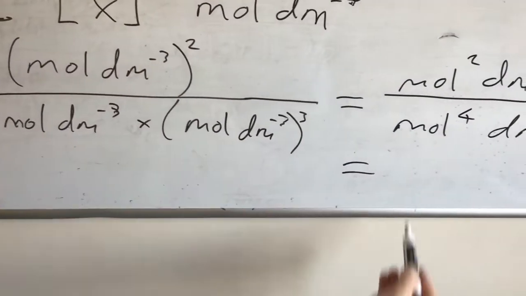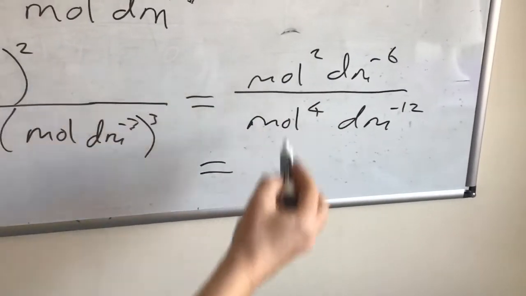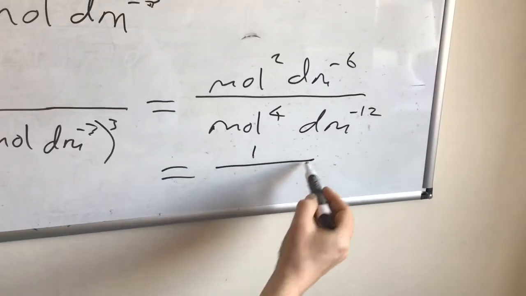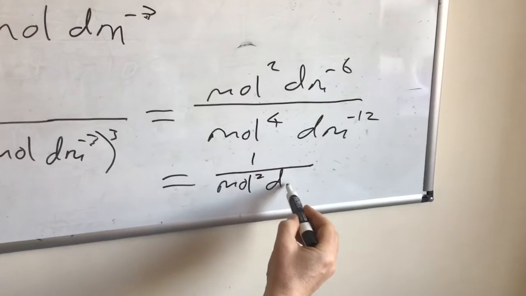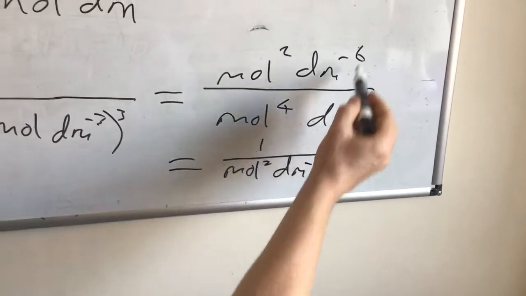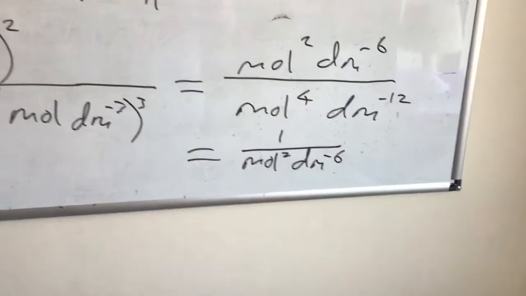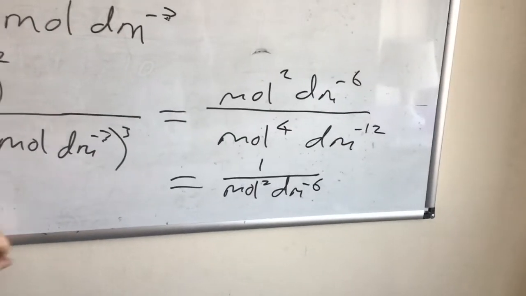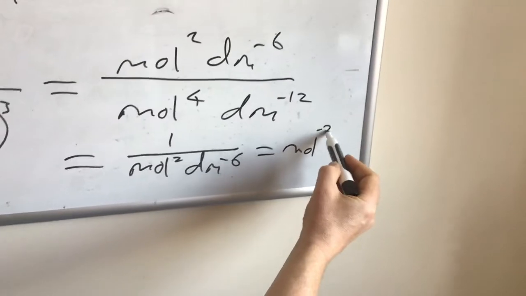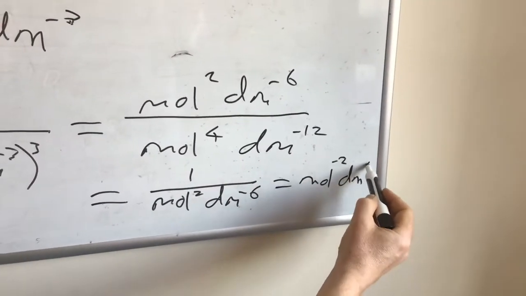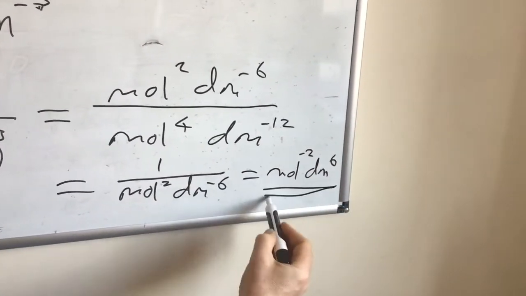Well, now we can do some more cancelling, and you can see these become 1 divided by moles to the 2 dm to the minus 6, which is better written as moles to the minus 2 dm to the 6.